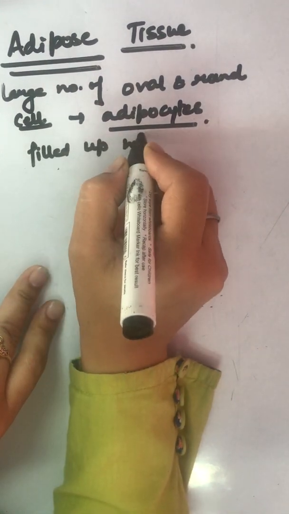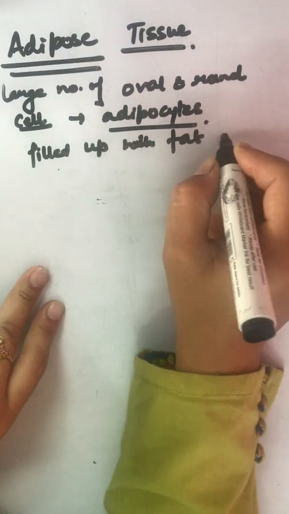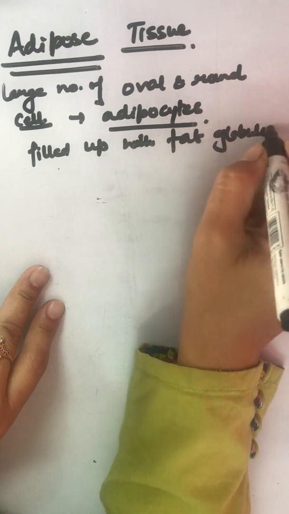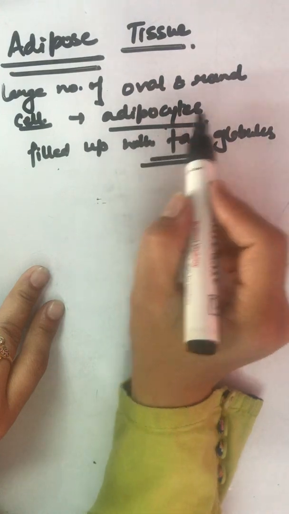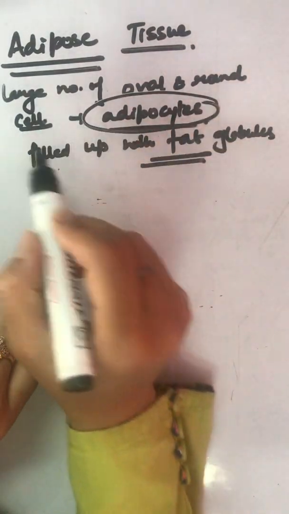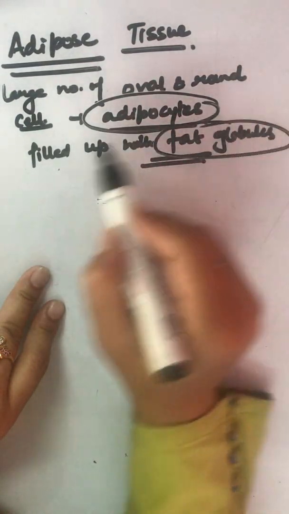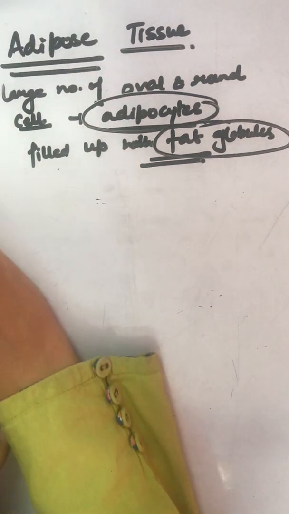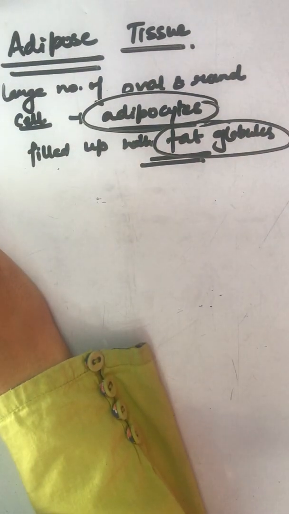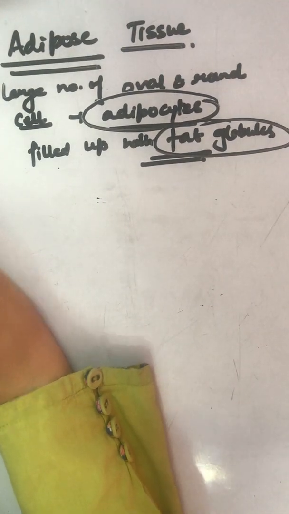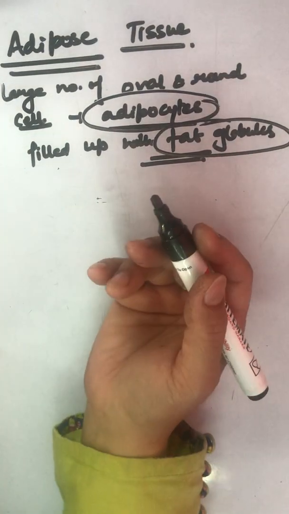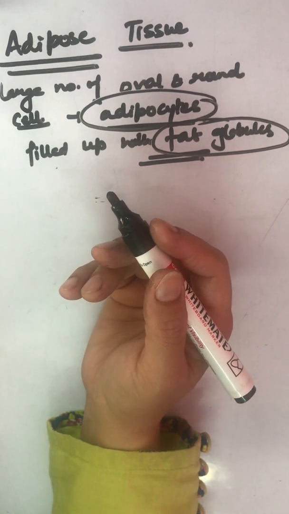Filled up with fat globules. Okay, adipose tissue is made up of special cells known as adipocytes filled up with fat globules. This is the first characteristic feature that you have to keep in mind. Second, they contain a single large fat droplet also, or several tiny droplets also, that depends.